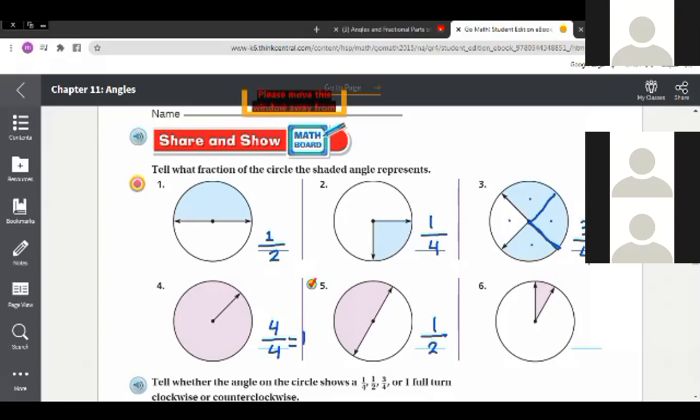If we turn it from the side, we could see that it's 1/2. Simply, we count how many parts of the circle: 1, 2 parts. So write 2 down in the place of the denominator, then 1, the represented shaded part, on the top.